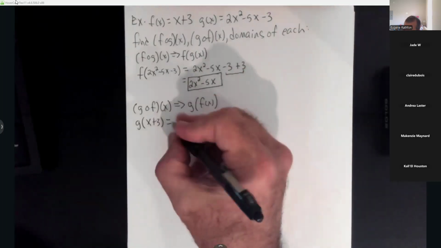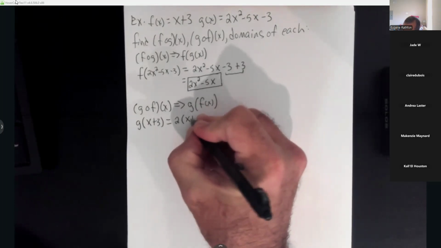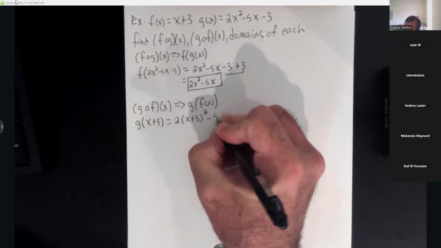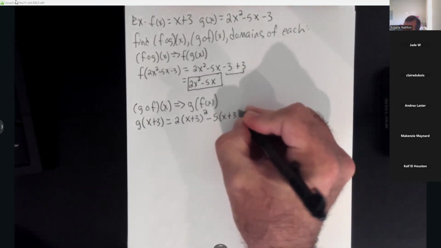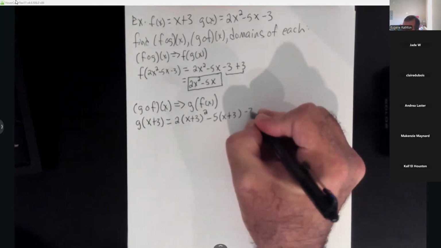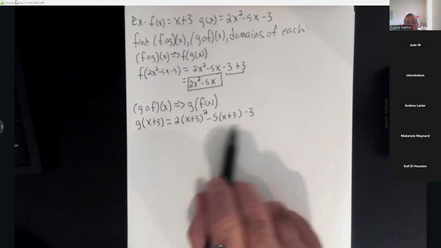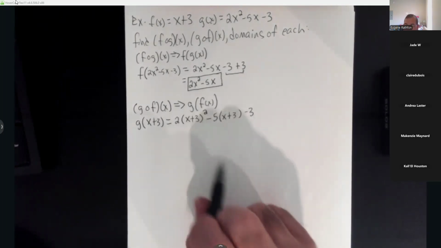So I've got 2 times x, which is x plus 3 squared, minus 5 times x, which is x plus 3, and then minus our 3. A little more work on this one because of this x plus 3 squared here, okay?